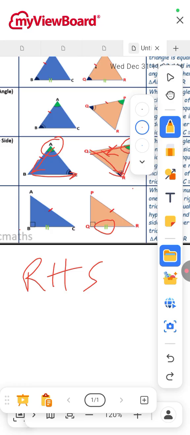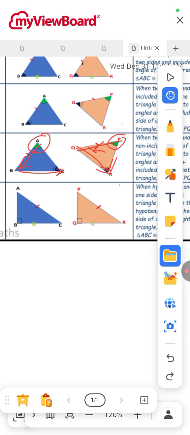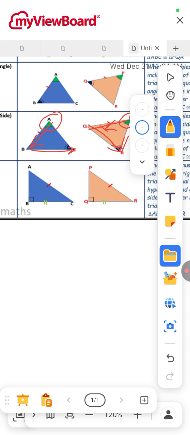So how will I name this? I can name it in many ways. Let me try to name this one without using the customary ABC. Let me use BCA. I'm calling this first triangle BCA.